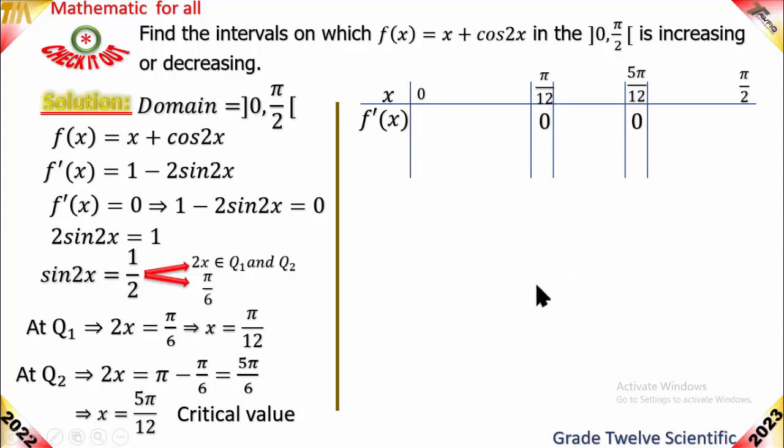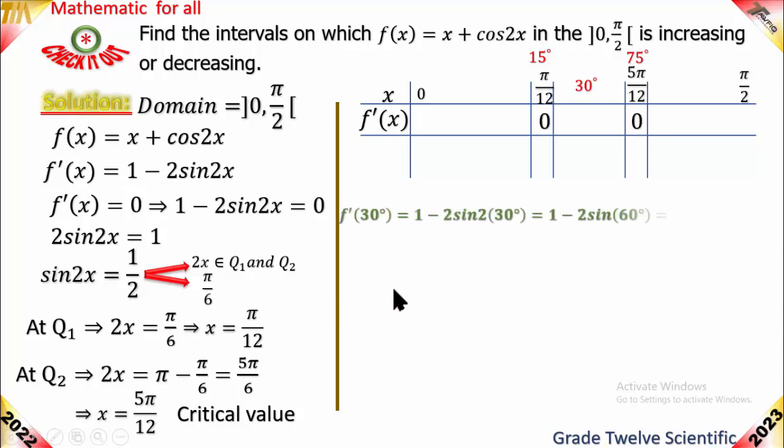And now we are searching for a number. This one is 15 and this is 75. Then we must take a number here. Let's take 30. Then replace 30 in f prime of x. Therefore, f prime of 30 is equal to 1 minus 2 times sine of 2 times 30.